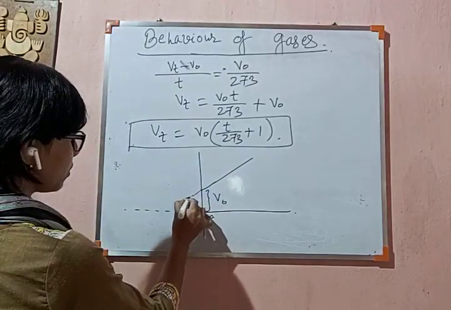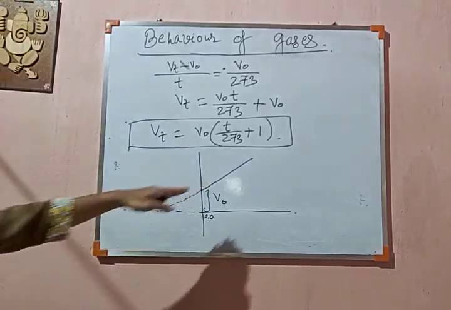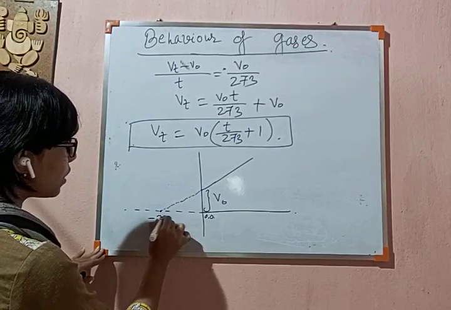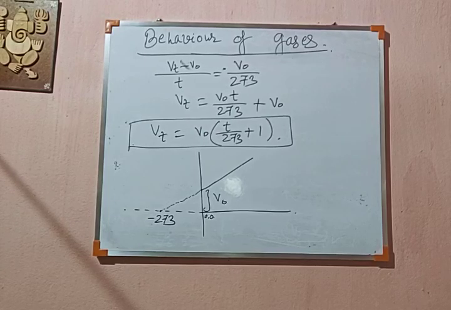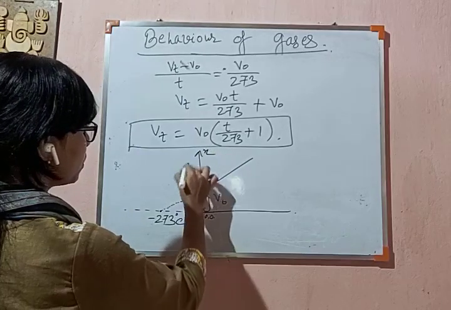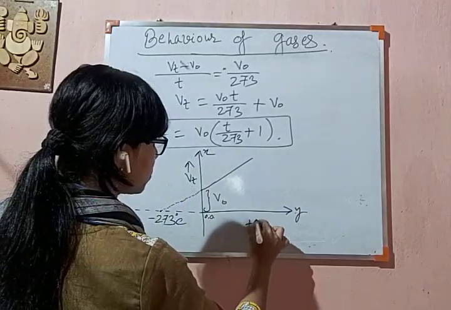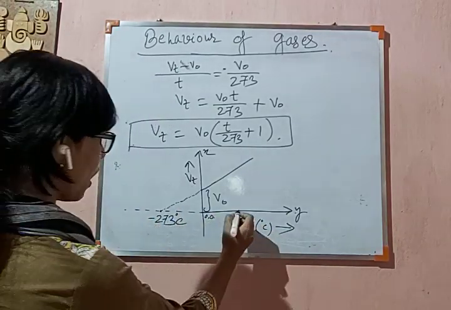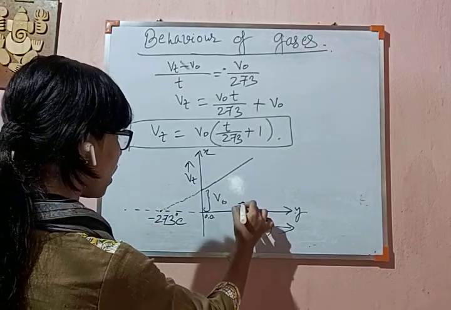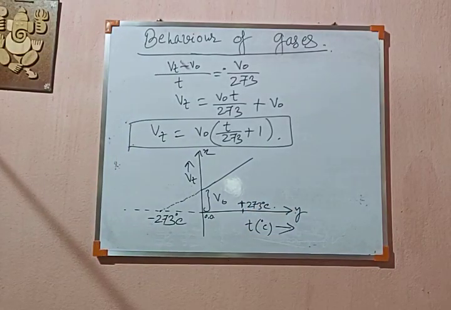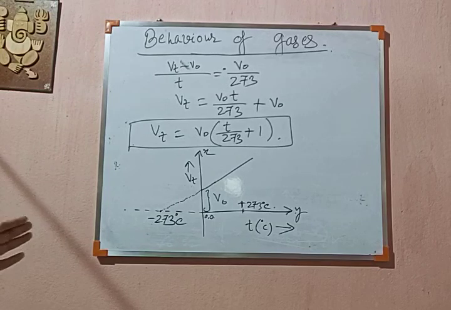If we produce the graph in the backward direction, it meets the axis at minus 273 degrees Celsius. At an equal distance on the other side it will be plus 273 degrees Celsius. This is the graphical representation of Charles' law.